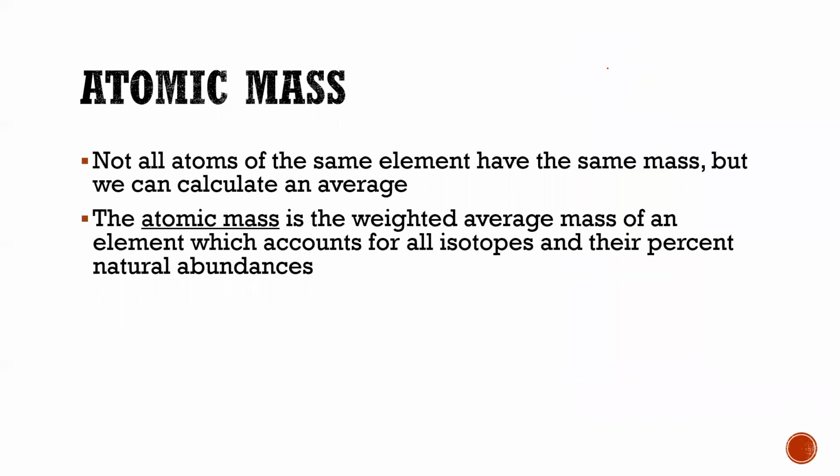We basically take the mass of each isotope, and then we're going to multiply it by their percent. But remember, percents, I can make any percent. Let's say something is 50%. From basic math, we can convert percents to fractions very easily. 50% is just 50 over 100.